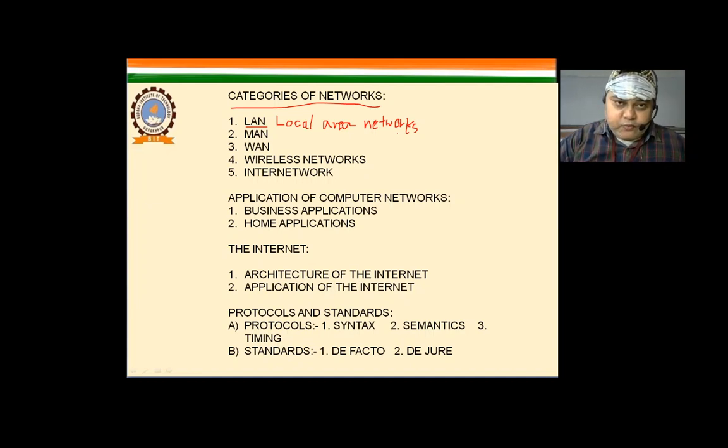So a LAN normally covers an area less than 2 miles, while if you talk about the WAN, it is worldwide.